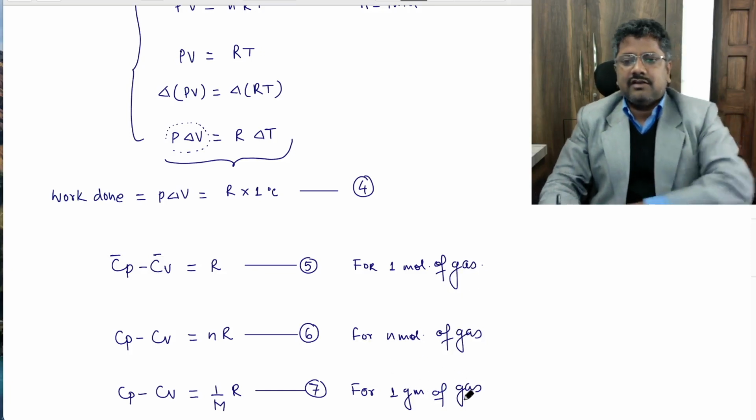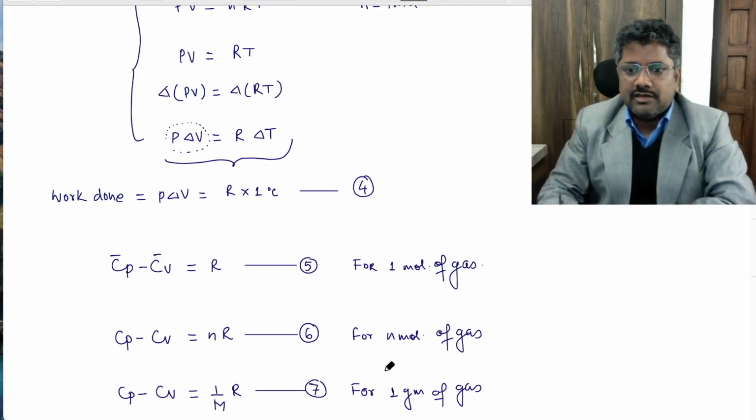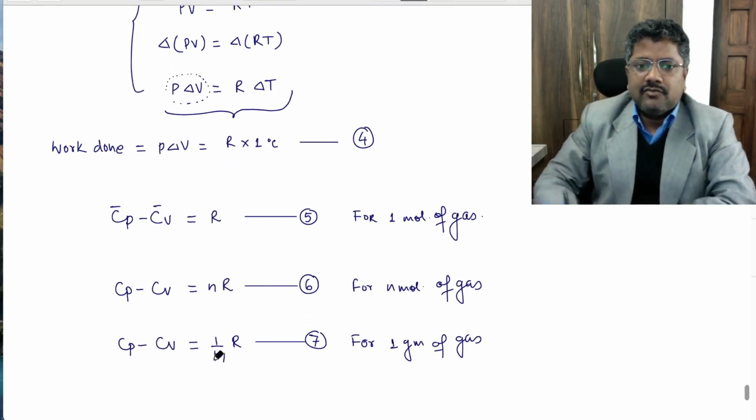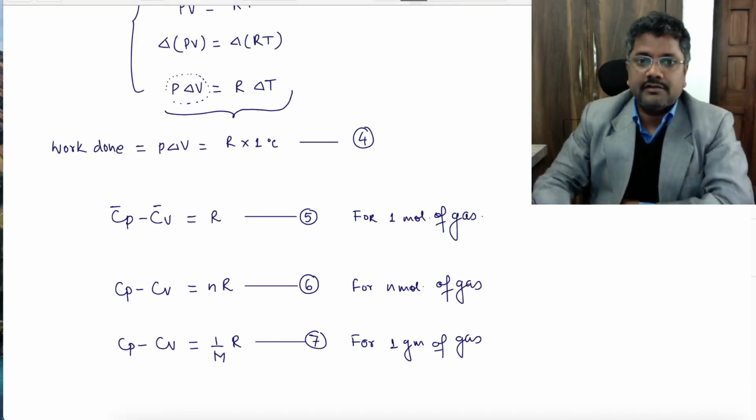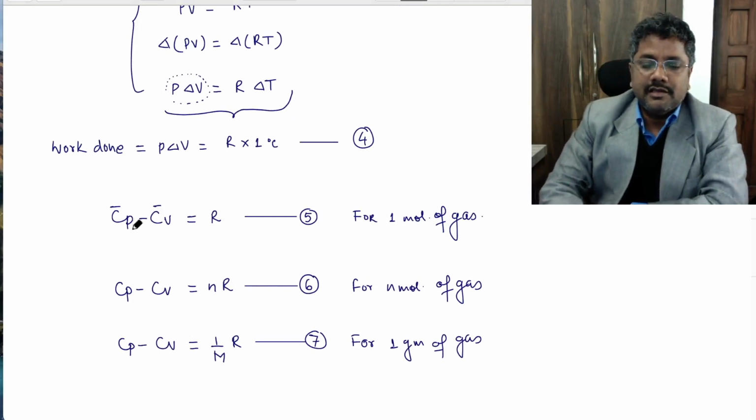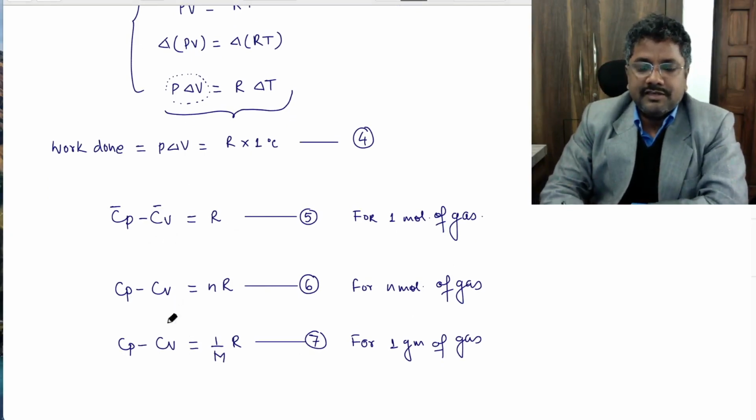How do we convert this formula for 1 gram? You can see in all these cases the units of Cp and Cv are different.